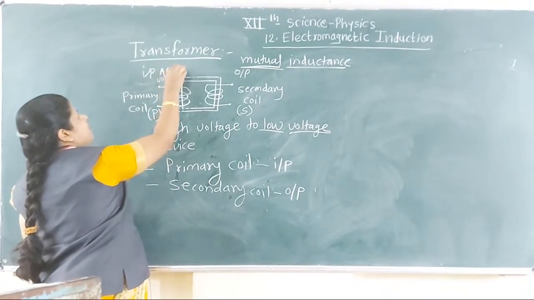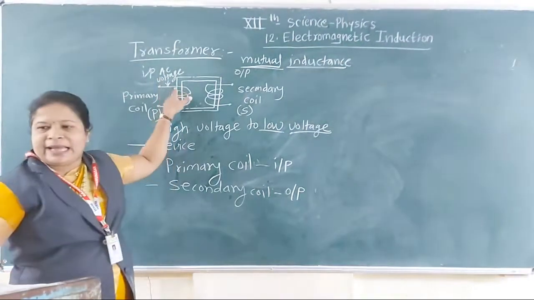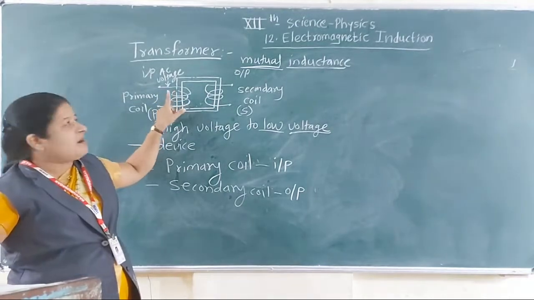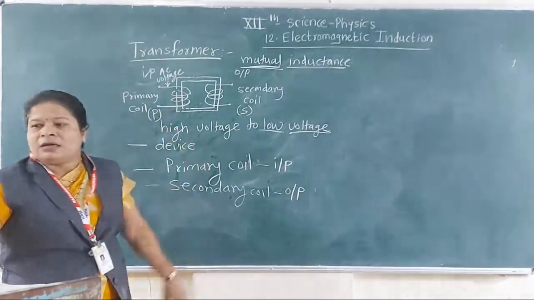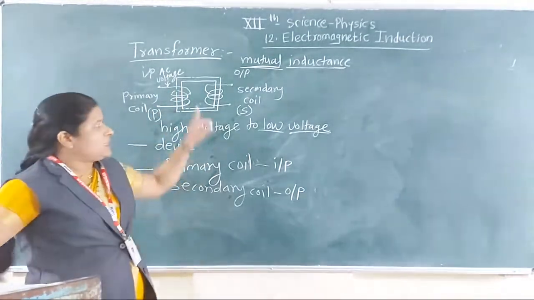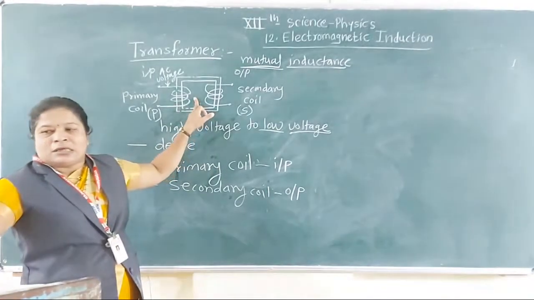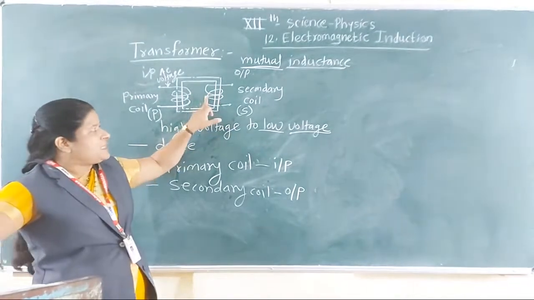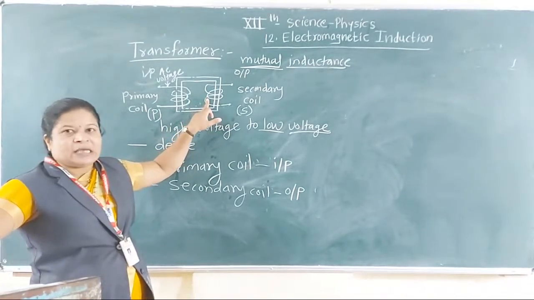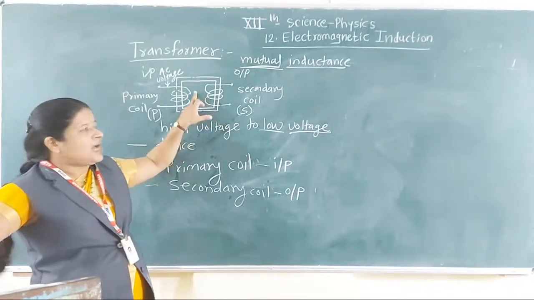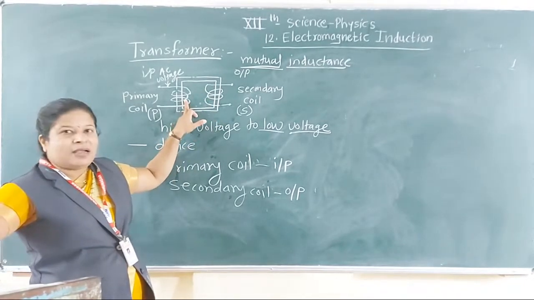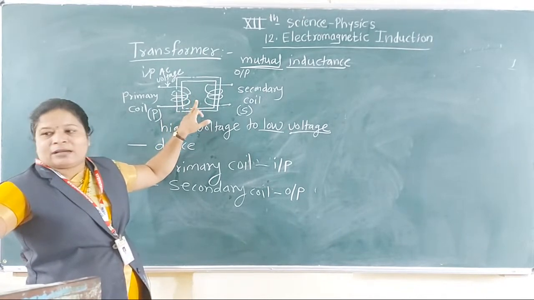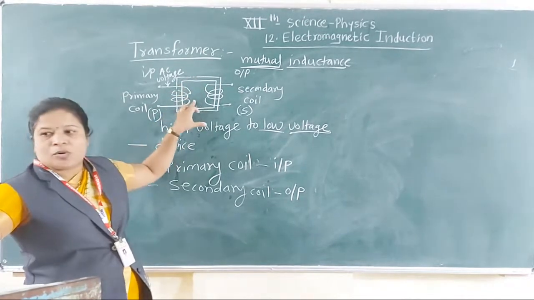When an AC voltage is applied to the primary coil, the current through the coil changes, and this current changes the magnetic flux through the core. This current flowing through coil 1 changes the magnetic flux through this core.